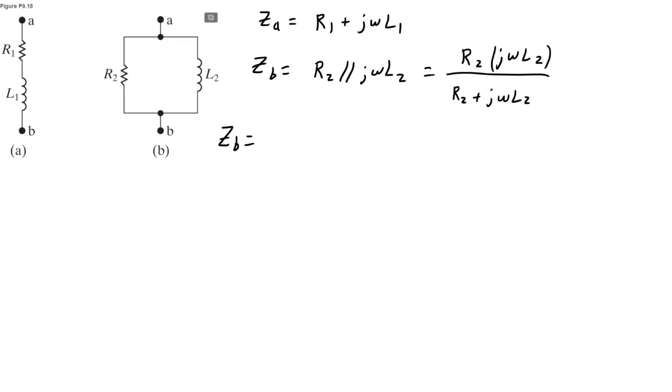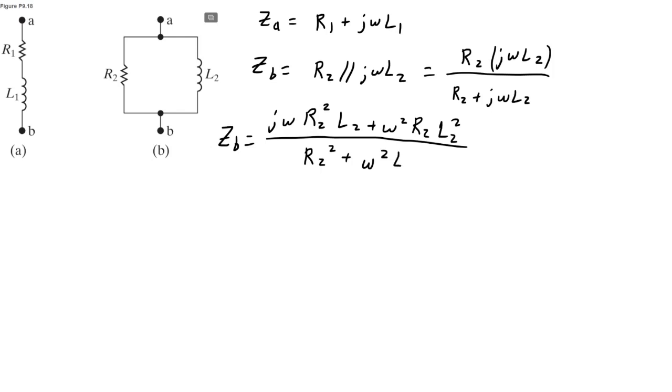is going to be j omega R2 squared L2 plus omega squared R2 L2 squared divided by R2 squared plus omega squared L2 squared.